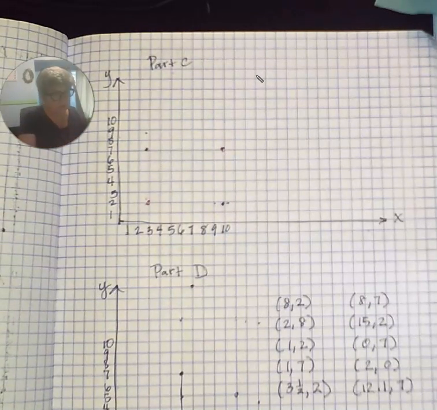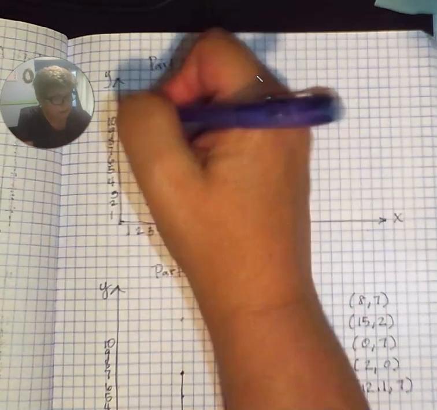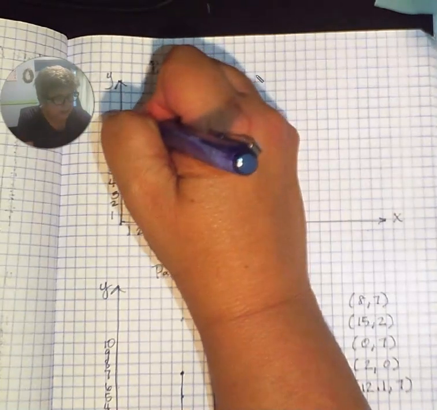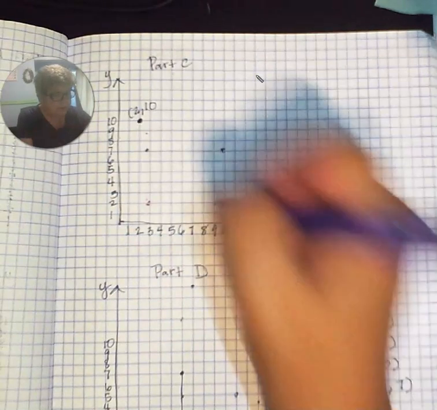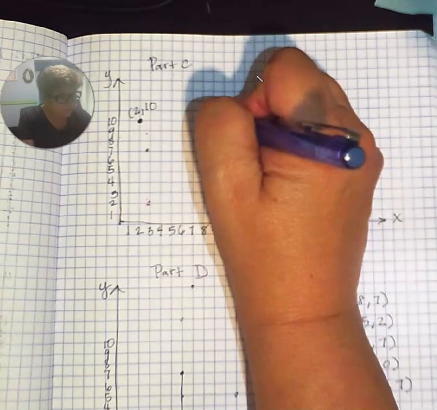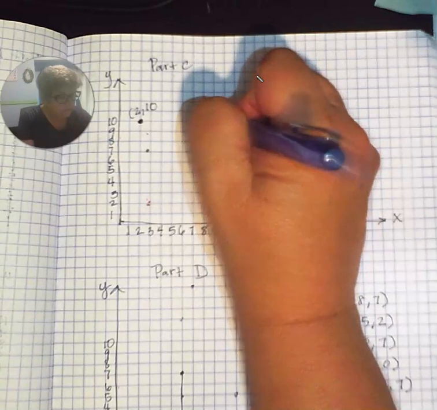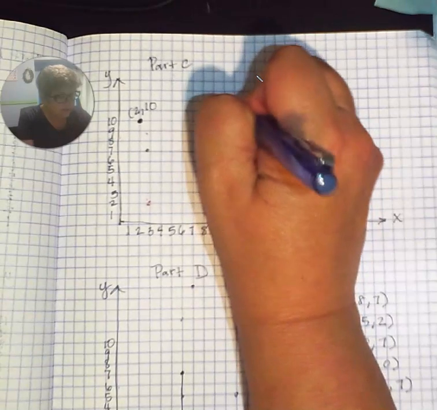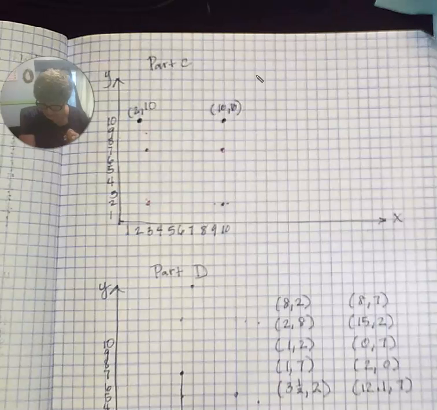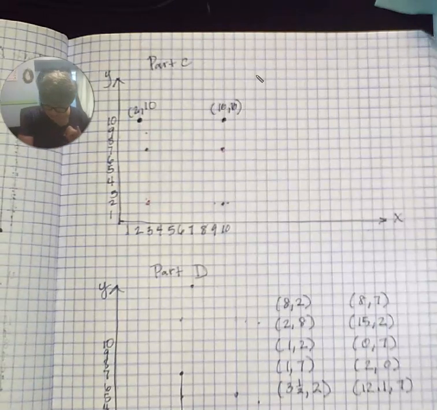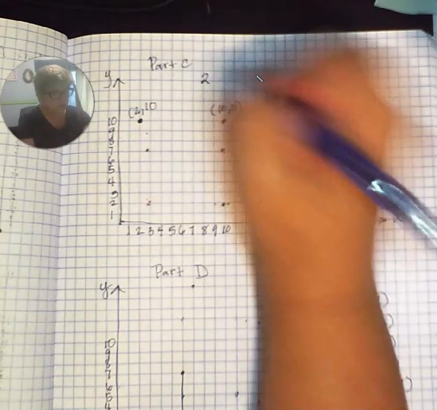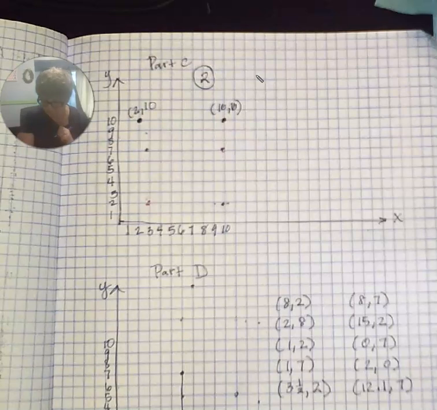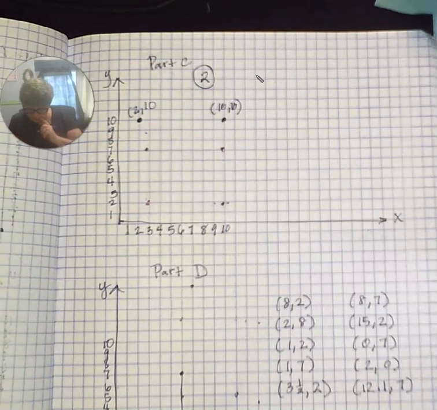I'm going to pick 2, 10 and 10, 10 on our horizontal line, and then we have to put a number between 1 and 5. So I'm going to say 2. You can put whatever number you want, and when you finish, trade papers with your partner.